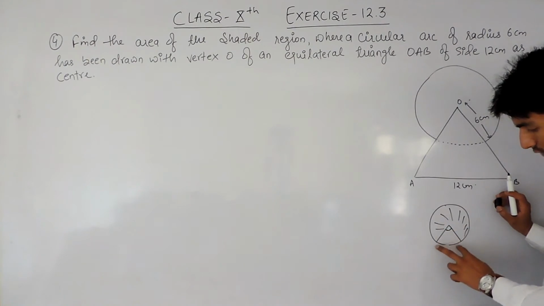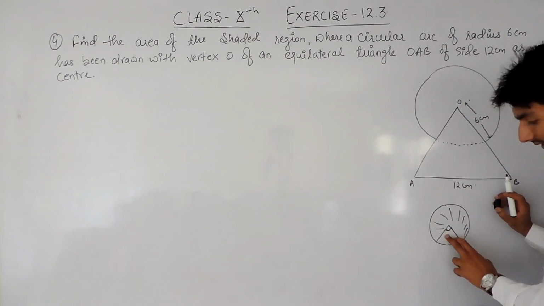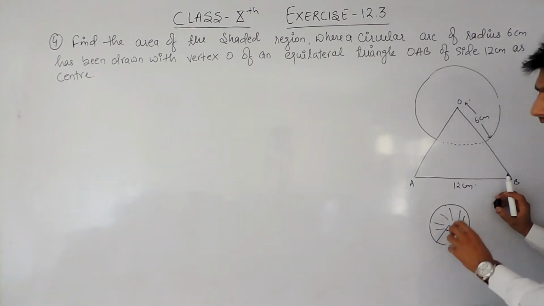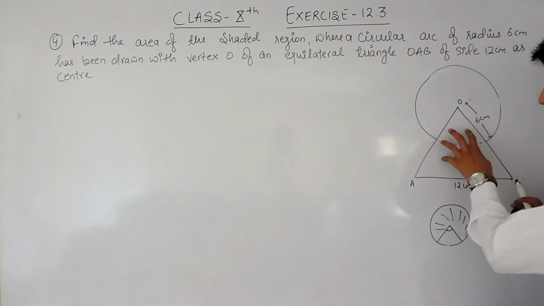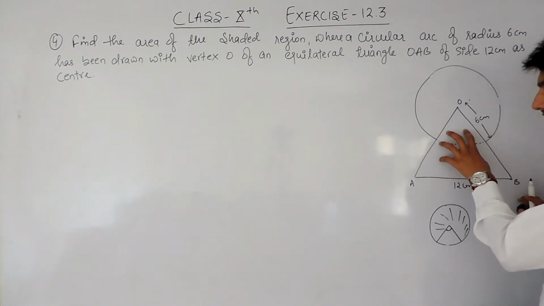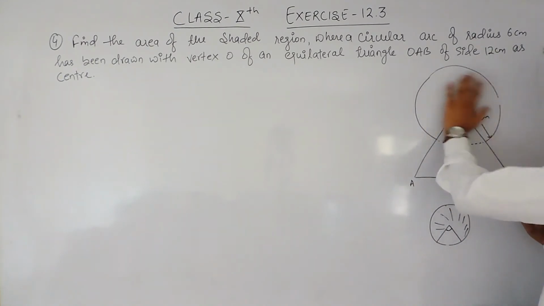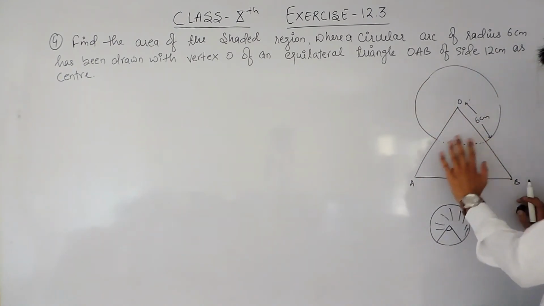Here these two radii divide the circle into two sectors. This is minor, this is major, and I have to find the area of the major sector. And the area of the triangle when added to the area of the major sector will give me the area of the complete figure.